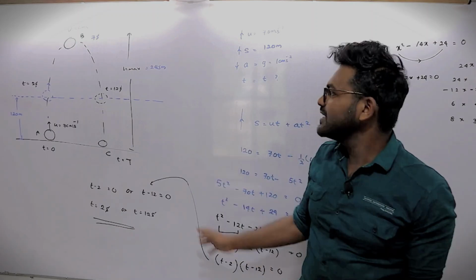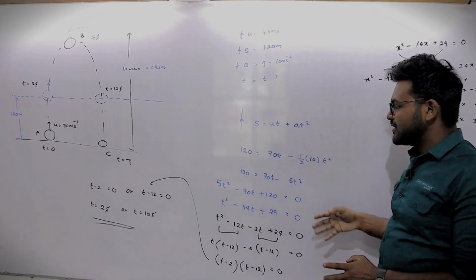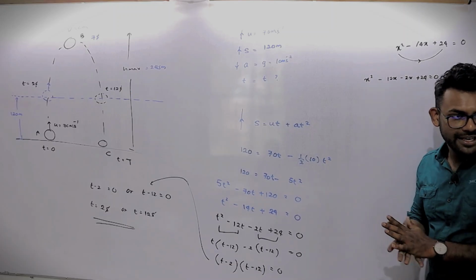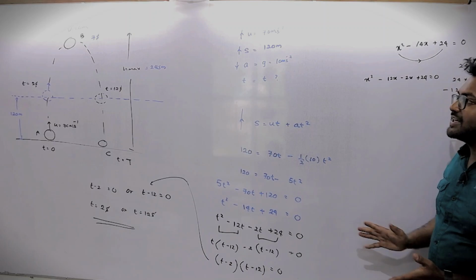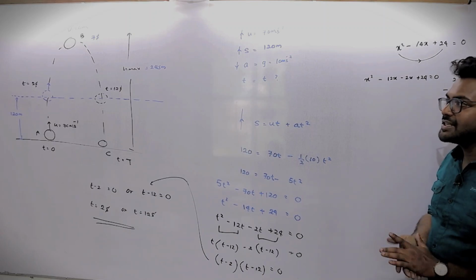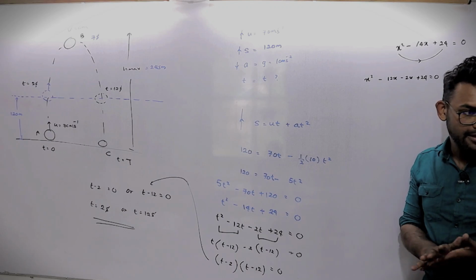So for any of the equations that we have applied, is there any involving a mass? No, right? Regardless of whatever the mass, the gravitational acceleration is constant.